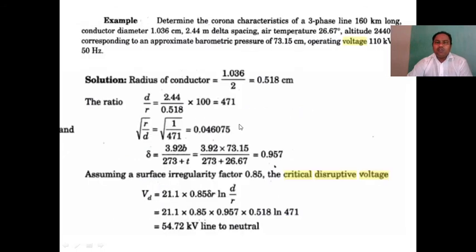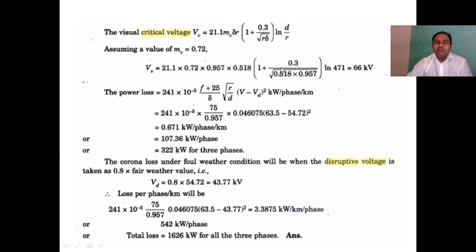The disruptive voltage is 54.72 kV and the visible critical voltage is 66 kV. This implies that the visible critical voltage is always greater than the disruptive voltage.